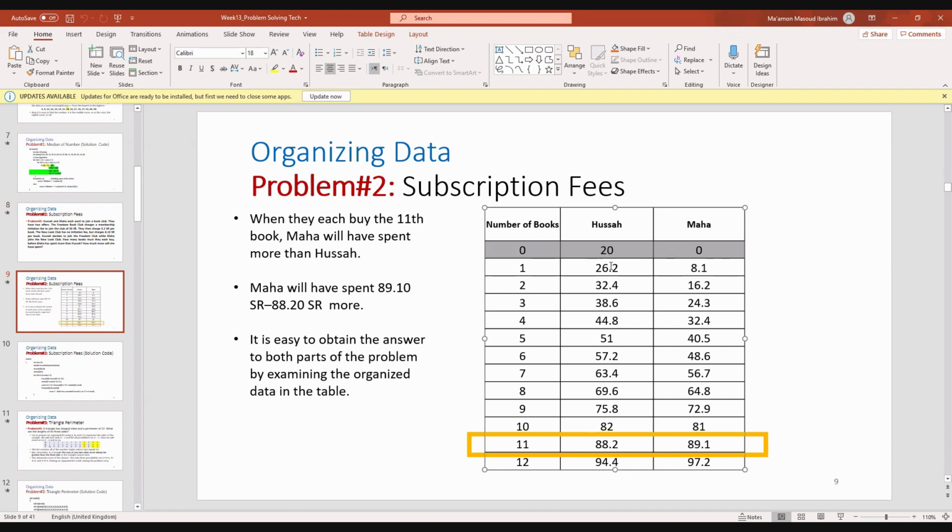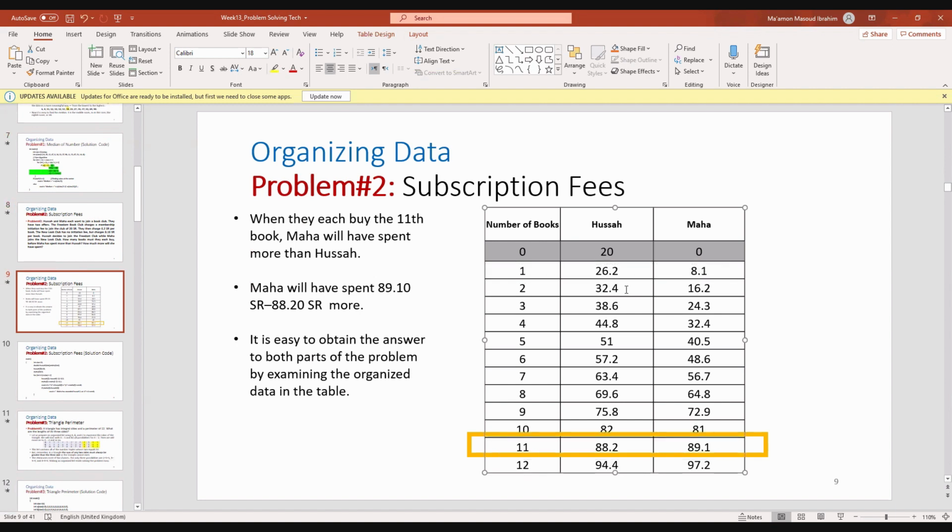Then we start finding the sum of these elements one by one, adding 8.1 to this column and adding 6.1 to this column in addition to 20, and so on until we reach a point that these both fees are equal.